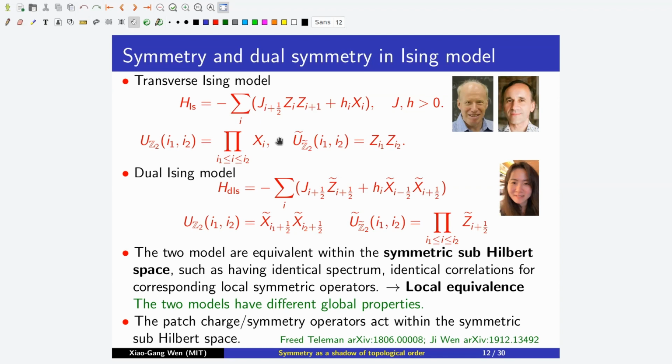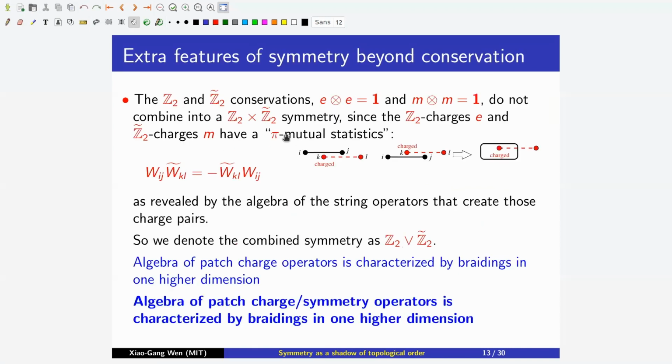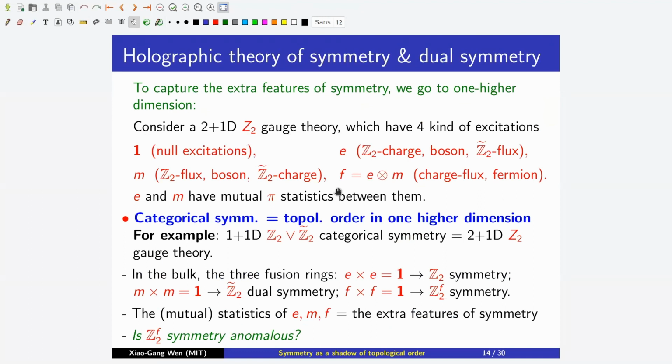Actually, it's meaningful to talk about whether the boundary of a patch operator, a string operator, is a fermion or a boson. But here we just use an analog. We say that this F is a bound state of E and M. Although both E and M are bosons, because E and M have a mutual pi statistics, their bound state is a fermion.